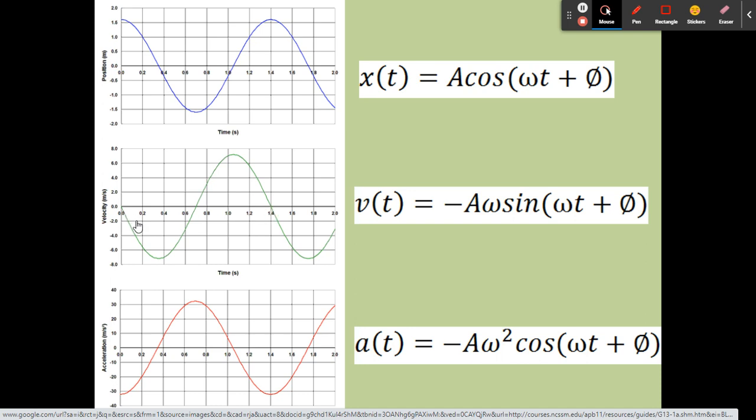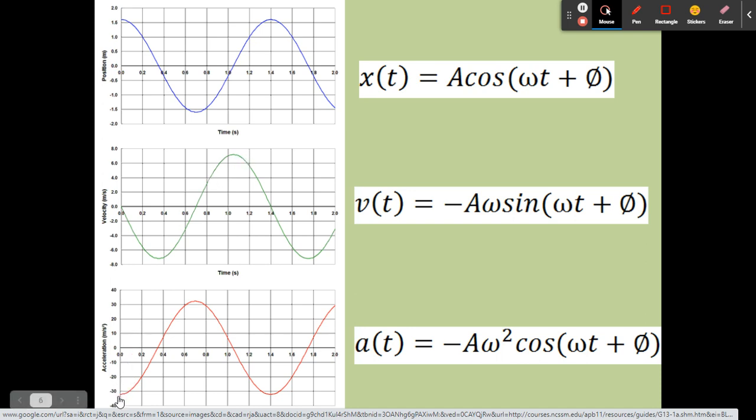But it's a negative relationship, negative sign, because if this is stretched out, then it wants to move in the negative direction because it wants to squash in. And if this is squashed in, it wants to move in the positive direction in order to stretch out. So that's why it's a negative sine curve.